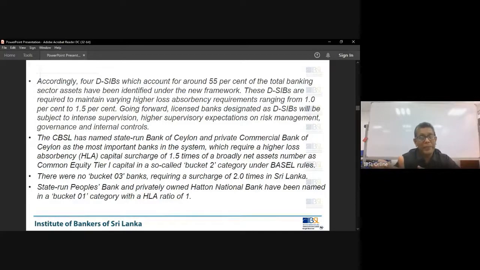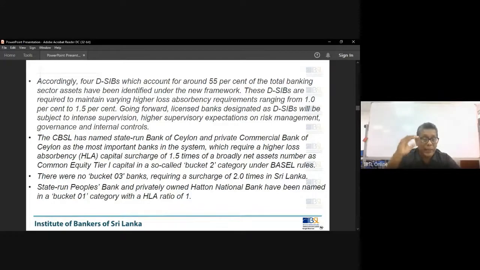Now, DSIBs are required to maintain a varying higher loss absorption requirement, ranging from 1 to 1.5 and then 2%, right? Now, CBSL has named the state-run Bank of Ceylon and the private Commercial Bank of Ceylon as the most important banks in the system, which require a higher loss absorption capacity charge of up to 1.5 in the bucket 2 category.